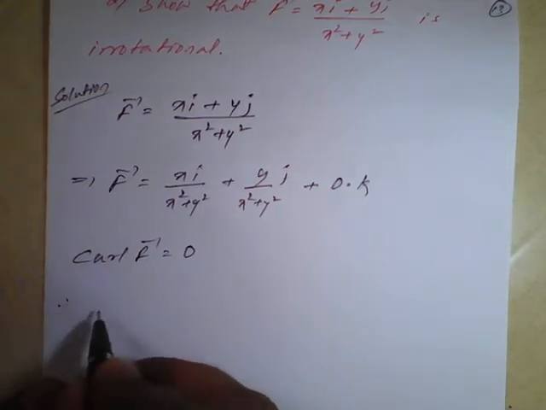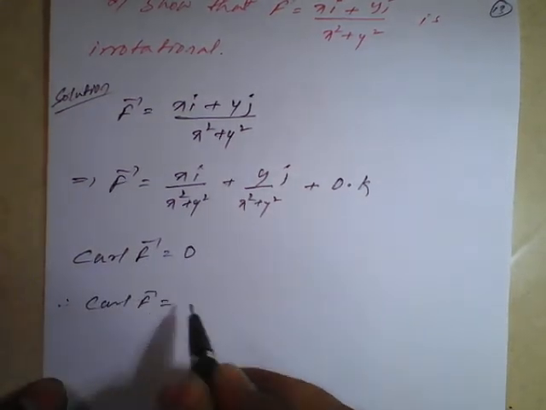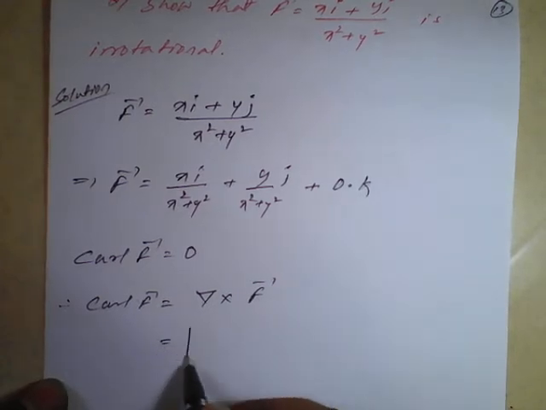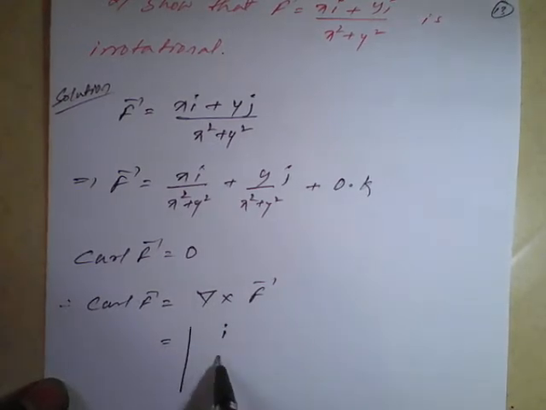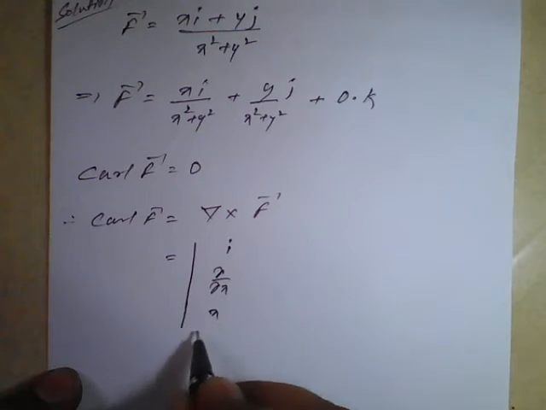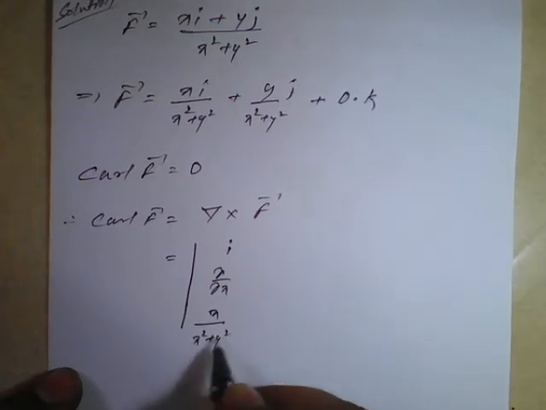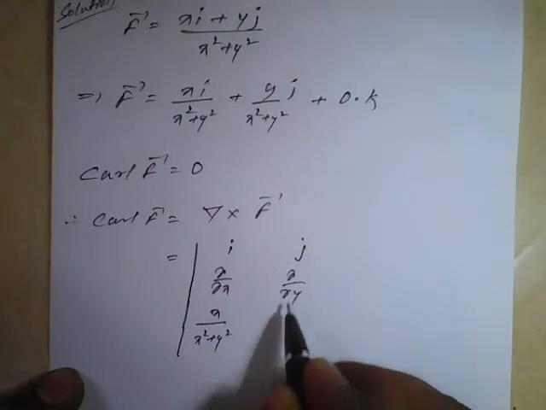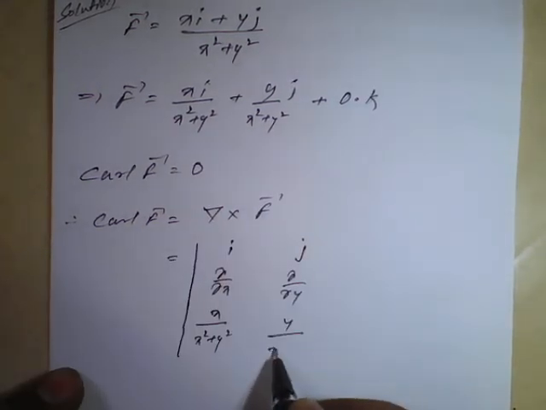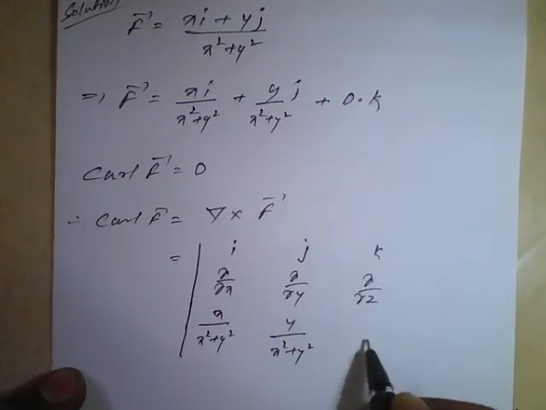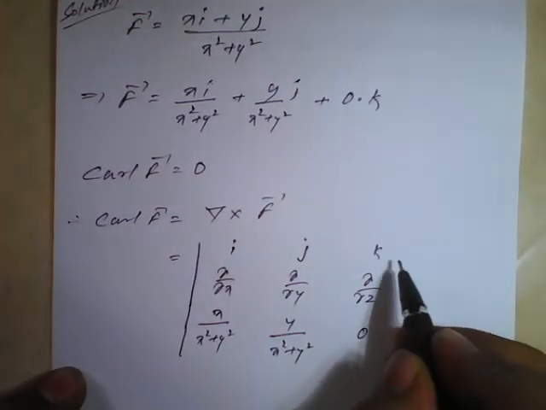So curl of vector f is nothing but del cross vector f, which is i dou by dou x and coefficient of i, that is x divided by x square plus y square, j dou by dou y, coefficient of j is y divided by x square plus y square, k dou by dou z, and coefficient of k is 0.